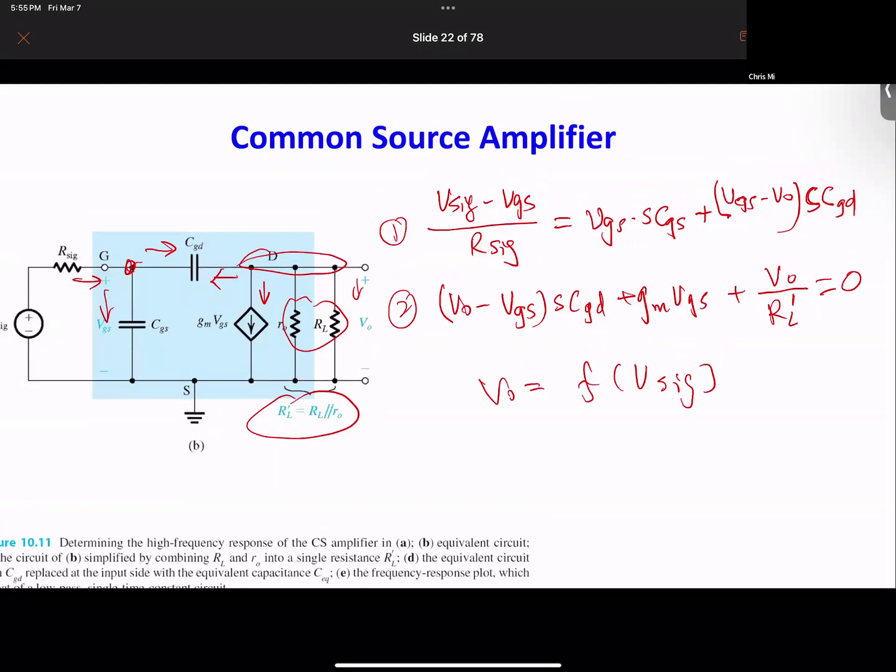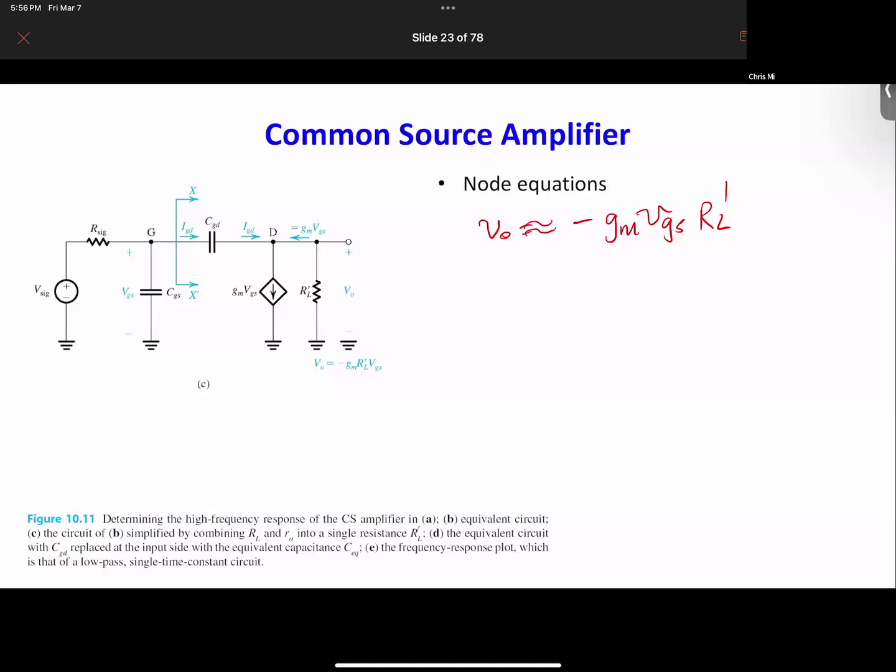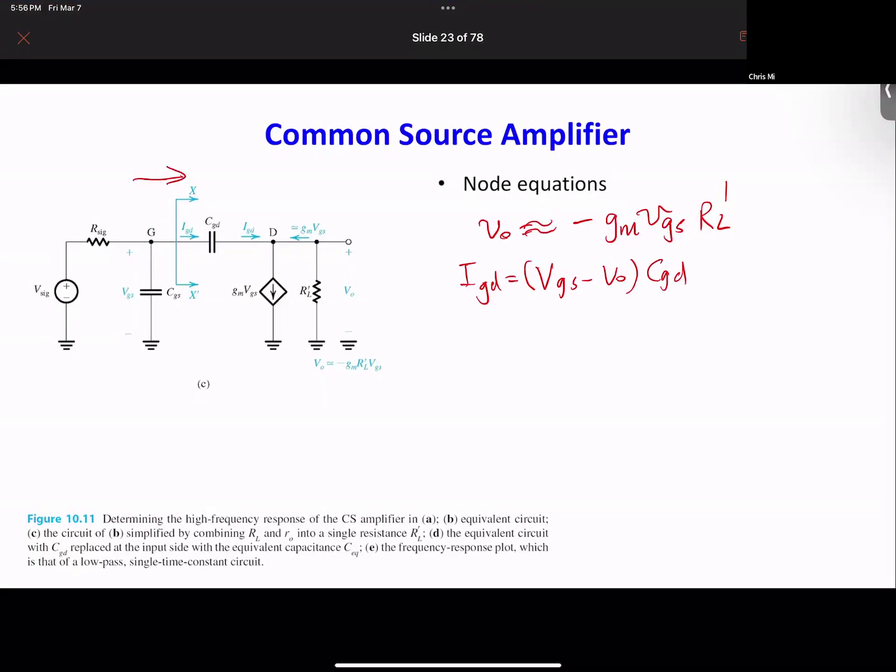So we plug in that, and then we found that now we can write IGD, which is the current over here. IGD is the current going through VGD. Since we always approximate that, we plug in that over here, we get the IGD expression.